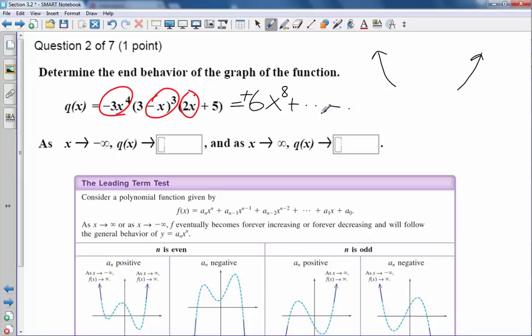Since it's positive, it's the regular orientation, so I knew it was going up and up on both ends. Or this table also tells you that since n is even, 8, and the coefficient is positive, both ends on the far right and left go up. Okay? If it's going up, it's infinity. If it's going down, it's negative infinity.